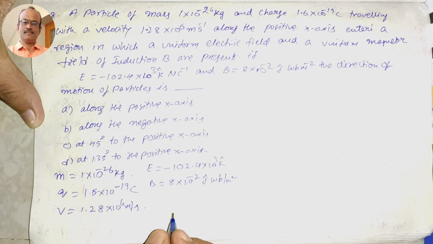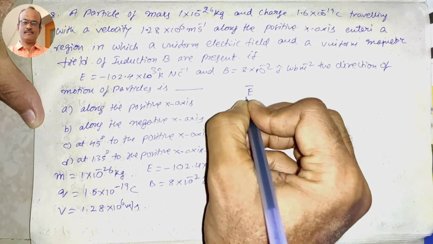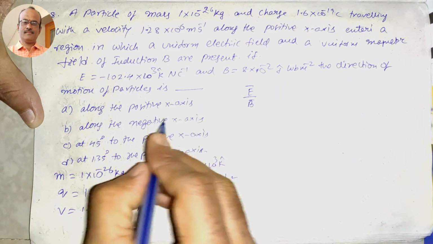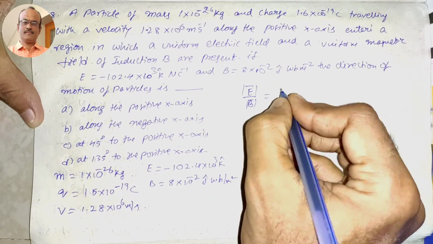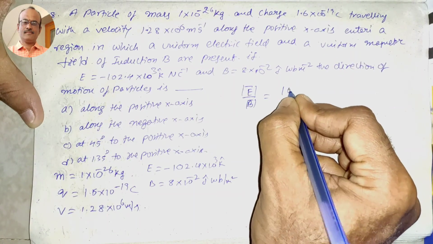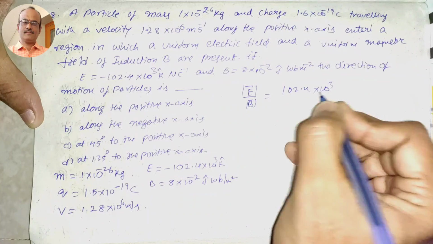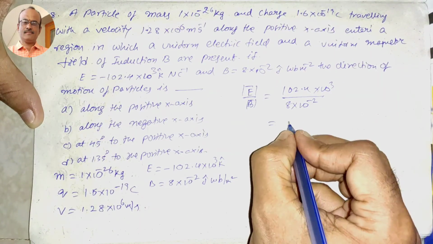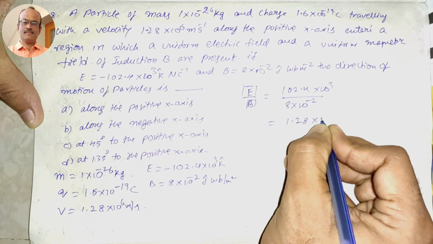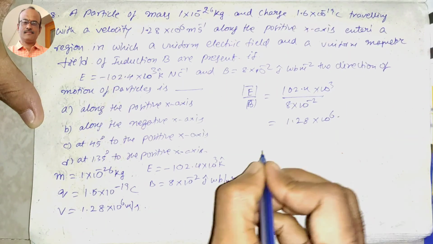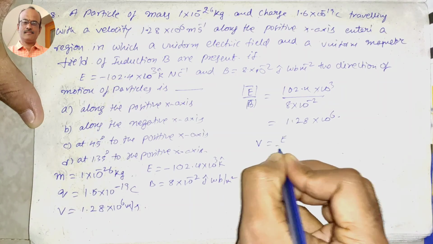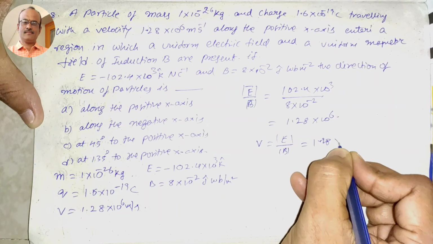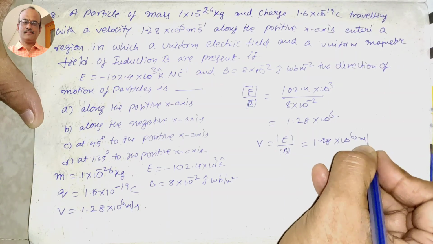Here first of all we want to calculate the direction. So for the electric field and magnetic field, we will take their magnitudes: 102.4 into 10 to the power of 3 divided by 8 into 10 to the power of minus 2. On calculation we get 1.28 into 10 to the power of 6. So V is equal to E divided by B, which is 1.28 into 10 to the power of 6 meters per second.